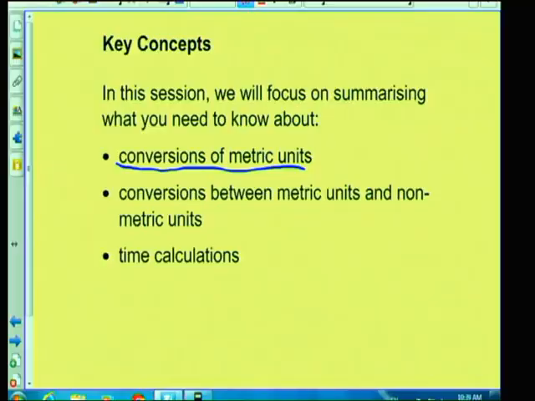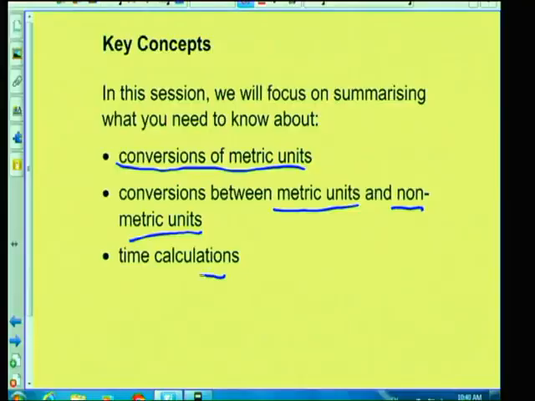Then we're going to look at conversions between metric units and non-metric units. Now, there are a number of non-metric units. We're going to be looking at some non-metric units that are commonly used, as well as looking at the imperial measurement units. And so in different parts of the world, not everyone has converted to metric.